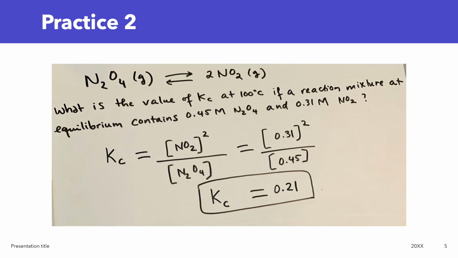So this is going to equal, what is the concentration of NO2? It's 0.31 squared divided by 0.45. And your answer is going to be 0.21.